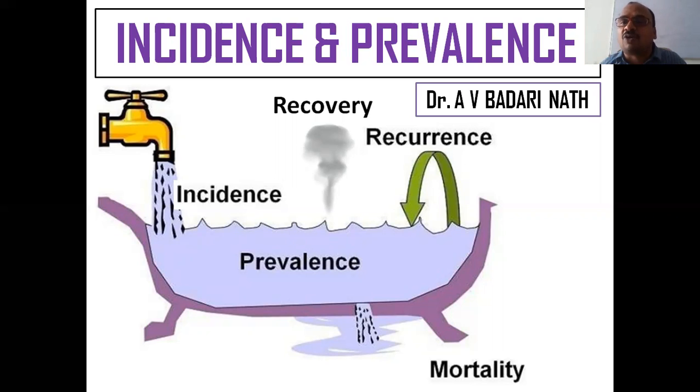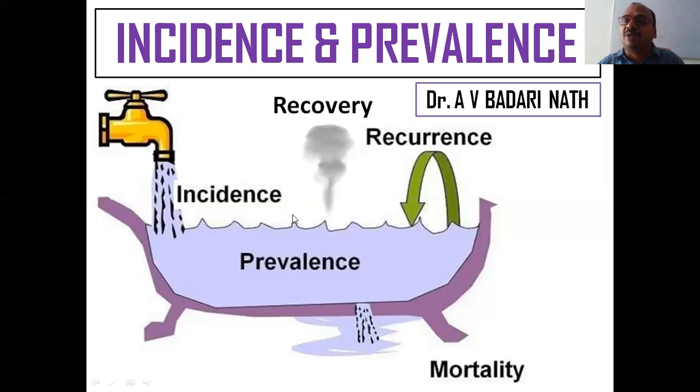Very simple. So at a particular point, at a particular time, how many cases of the disease, is called incidence. Incidents happen. How many incidents will happen currently?